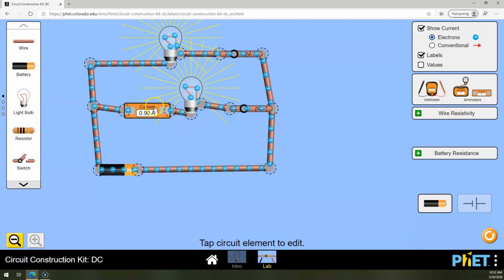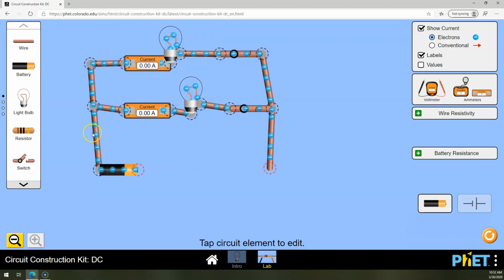It turns out right now the current is 0.9 amps here. Let's find out what the current is up here. Well, we expect that if it's the same voltage and the same resistance, it's probably going to be the same current. Finally, let's find out what the current is down here.